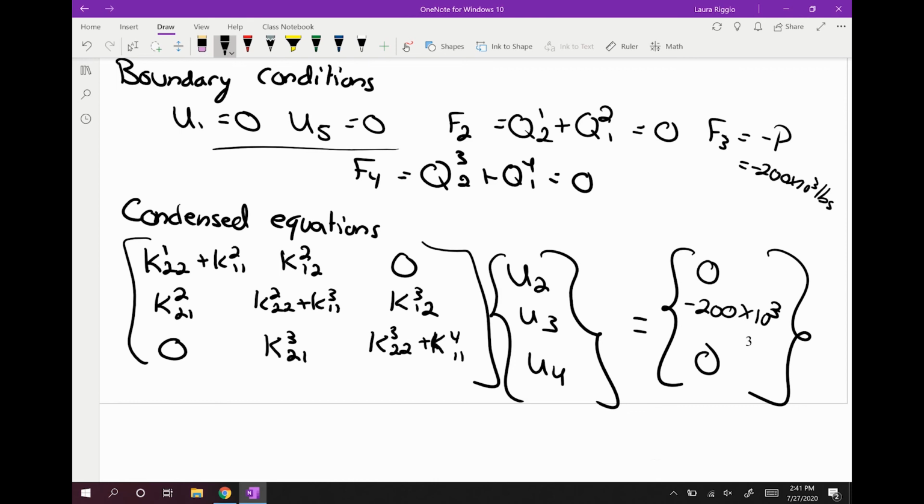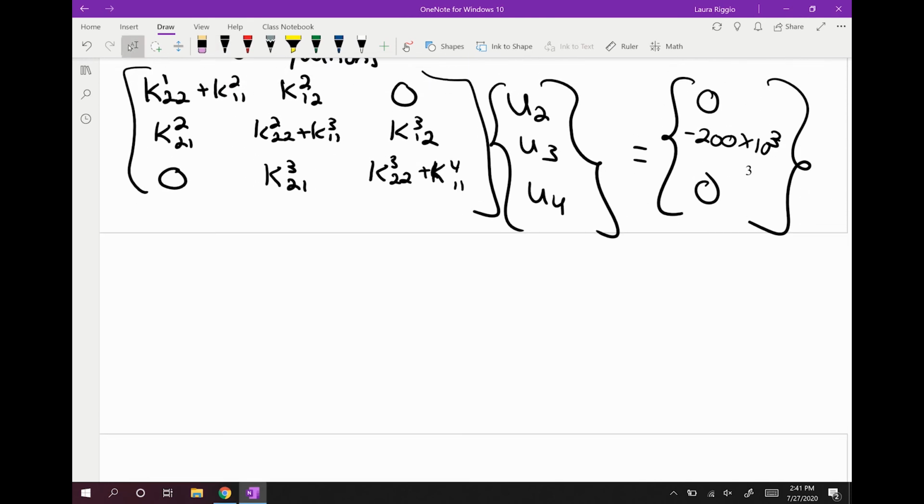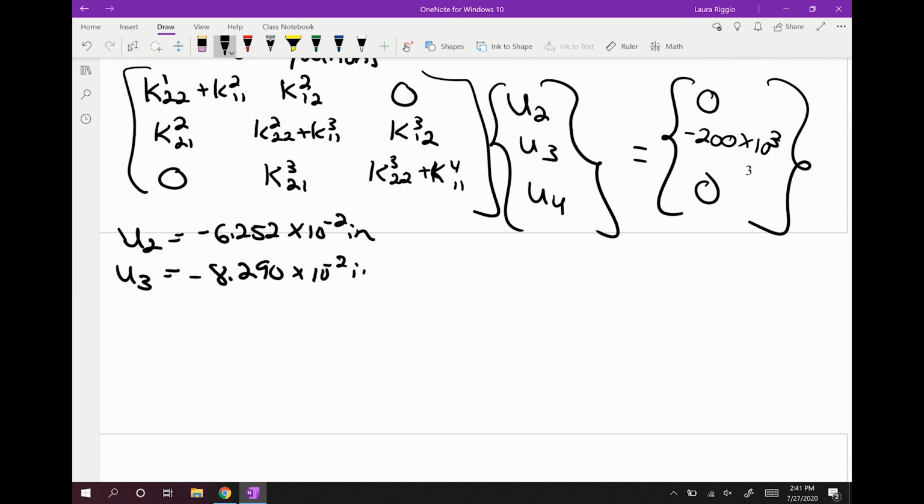You can plug that into MATLAB or your favorite matrix solver, and you will find out that U2 is equal to minus 6.252 times 10 to the minus 2. U3 is equal to minus 8.290 times 10 to the minus 2. U4 is equal to minus 7.495 times 10 to the minus 2.